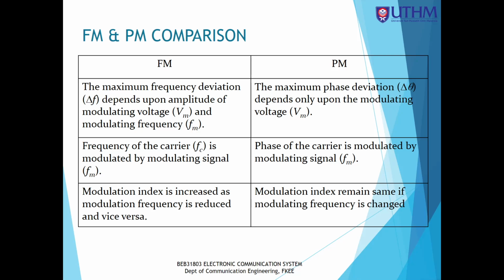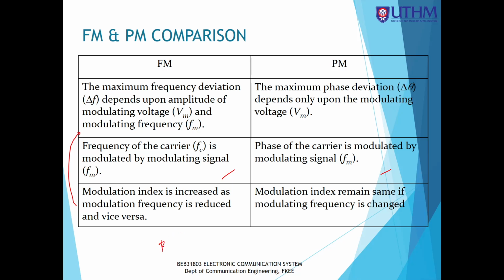So this is delta F, and I think it depends on the modulation index actually. This is a bit confusing. Frequency of the carrier is modulated by the modulating signal in FM, and phase of the carrier in PM, so this is true. Modulation index is increased as the modulation frequency is reduced.